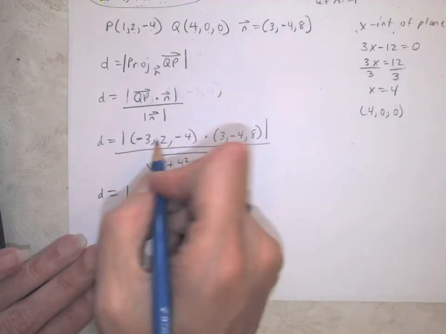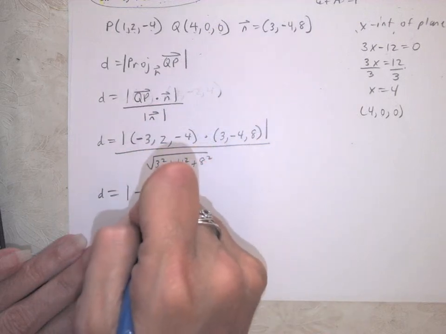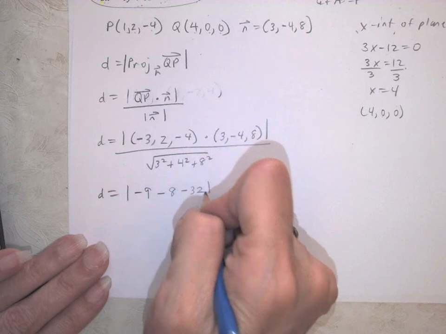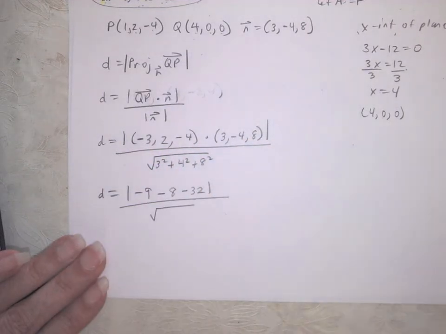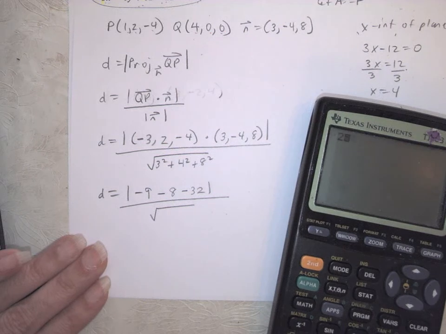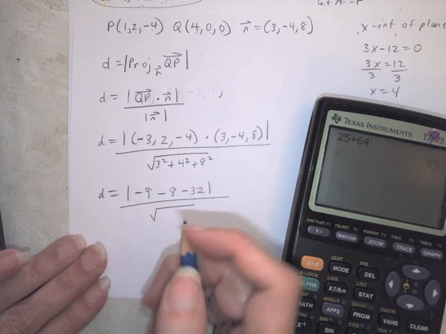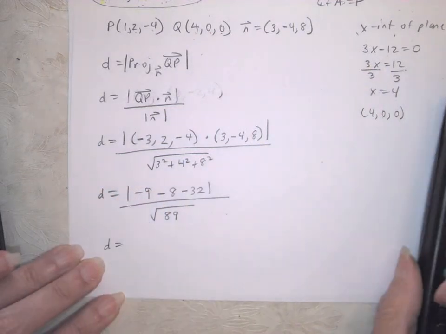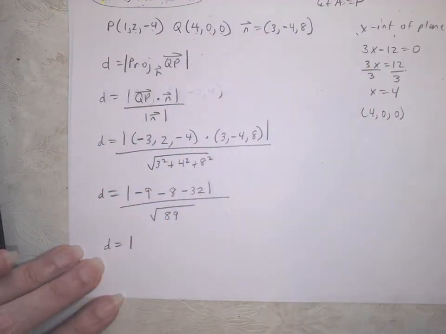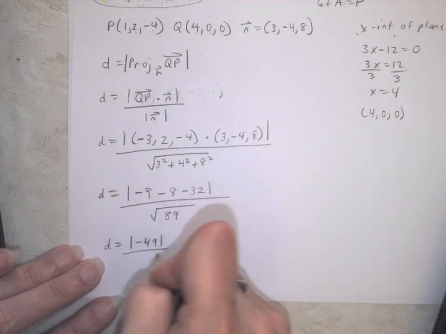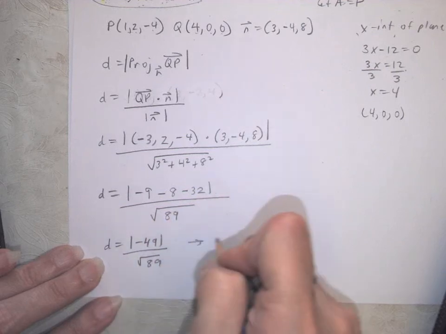So the distance is going to be, when I do the dot product here, negative 9 minus 8 minus 32 over the square root of 89. So our distance is the magnitude of negative 49 over the square root of 89.